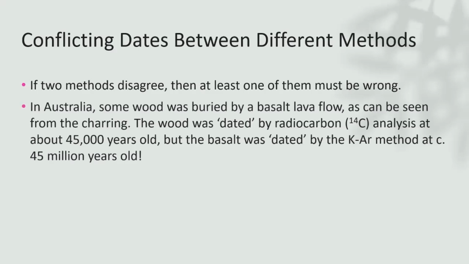So, for example, in addition to that, you can have different artifacts that are found. In Australia, some wood was buried in a basalt lava flow. It can be seen from the charring that the wood was actually charred by the heat of the lava, so there's no doubt that it was there at the time that the lava flowed.